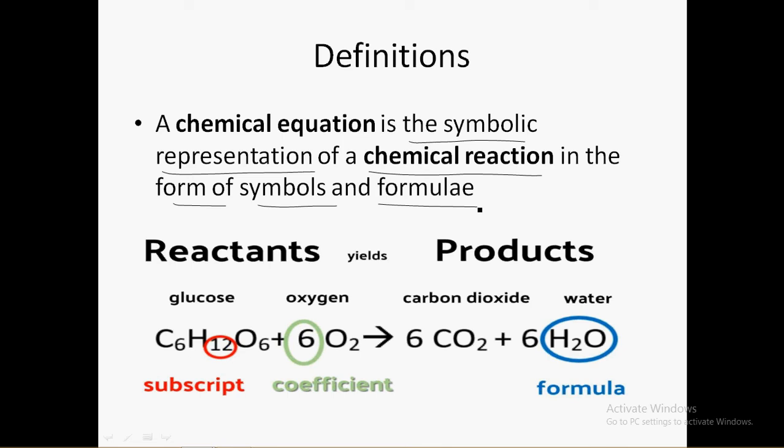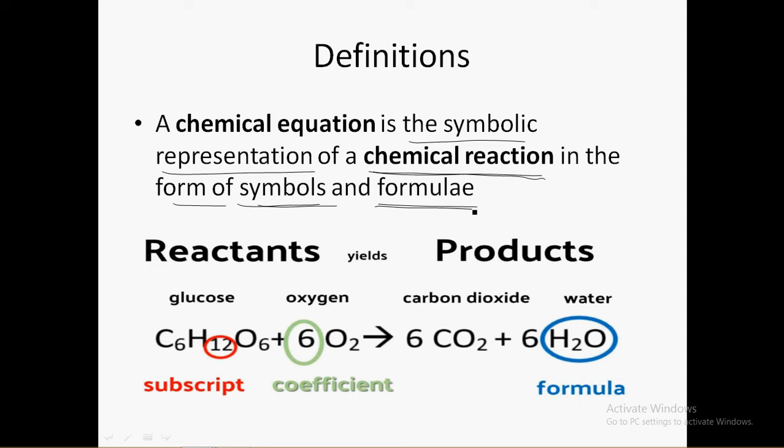In a chemical equation, we use symbols that represent the actual atoms. Those atoms, in a chemical reaction, combine together. Chemical reaction means atoms combine together in the form of symbols and formulae. Look at this below.